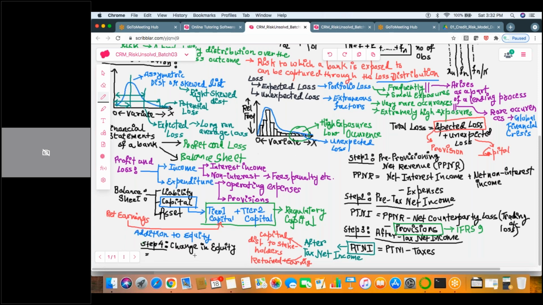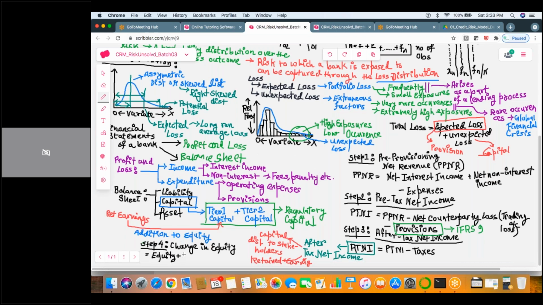When I talk about the change in equity, it is the existent equity capital which is there. Change in equity capital is there.